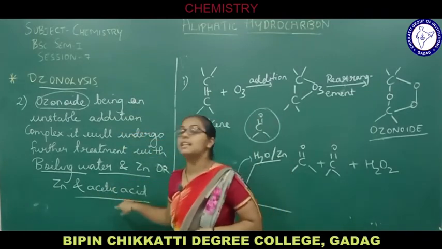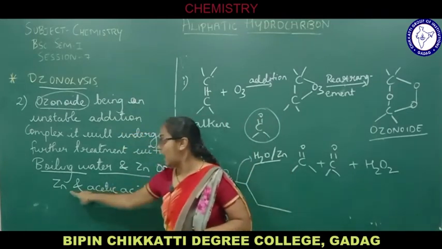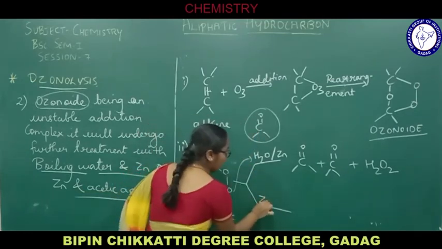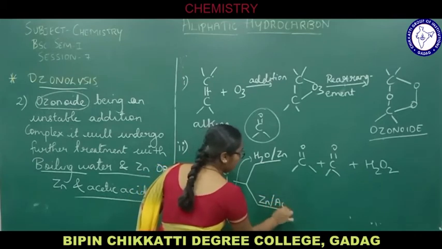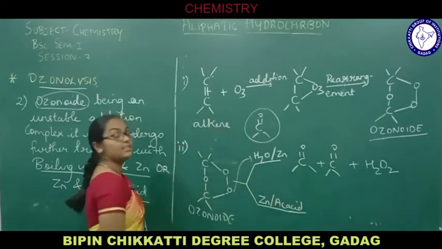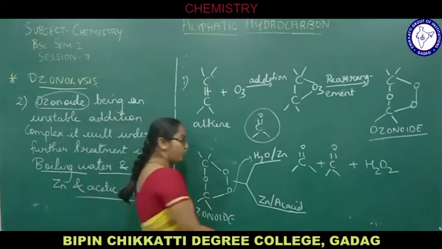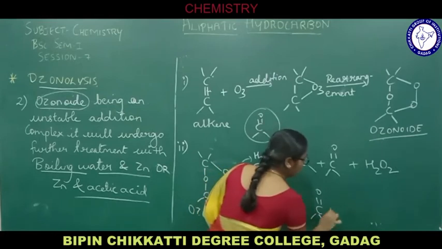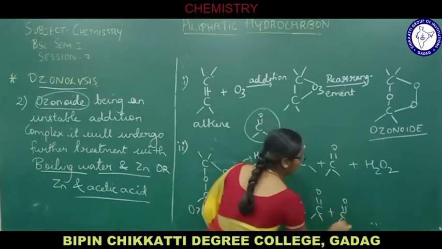Now in the second way, the ozonoid will react with zinc and acetic acid. When it reacts with zinc and acetic acid, it will again form two carbonyl carbons.